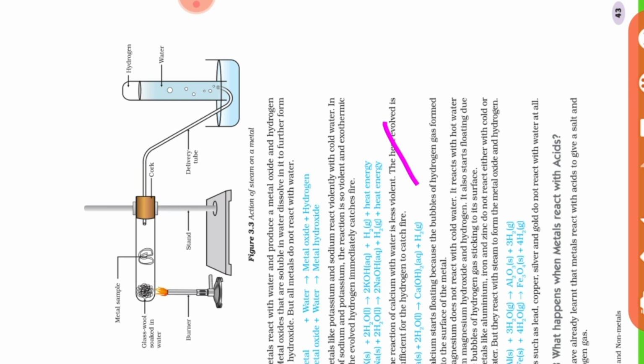Then metals like aluminium, iron and zinc do not react with cold or hot water, they react with steam. Aluminium will give Al2O3 with steam, iron will give Fe3O4 with steam, and metals like lead, copper, silver and gold do not react with water at all.